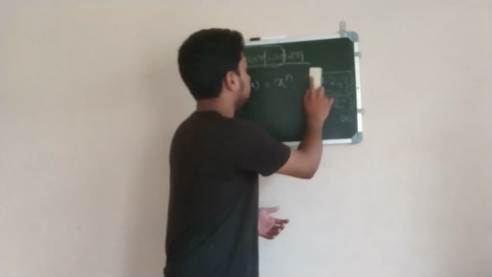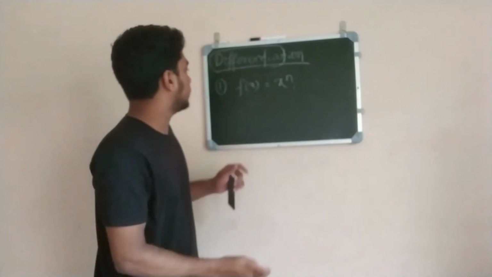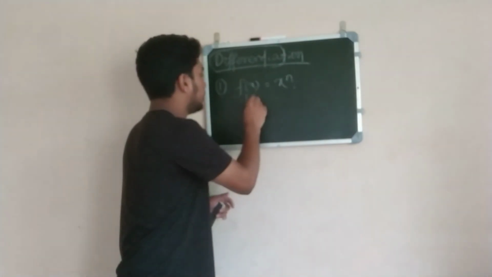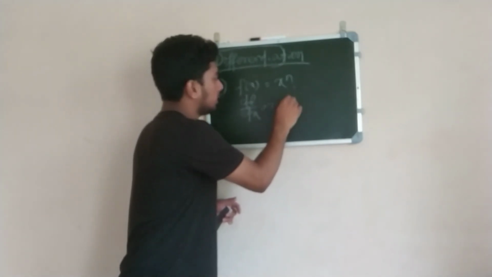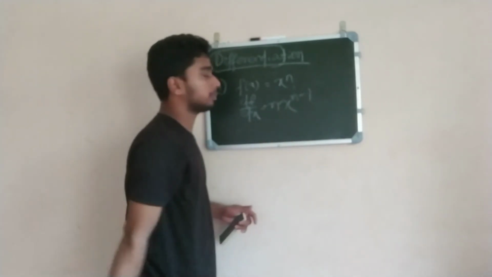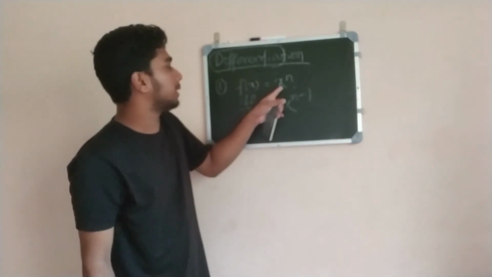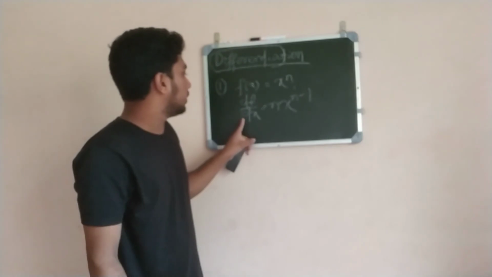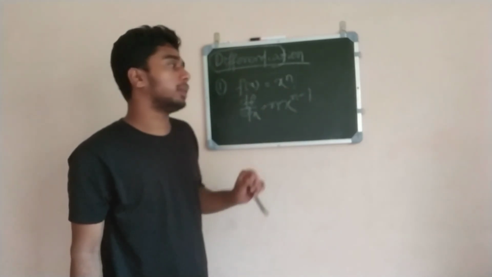So if I take the derivative of this, what will be the result? df by dx will be n times x to the power n minus 1. So remember, if f of x is x to the power n, then the derivative is n times x to the power n minus 1.